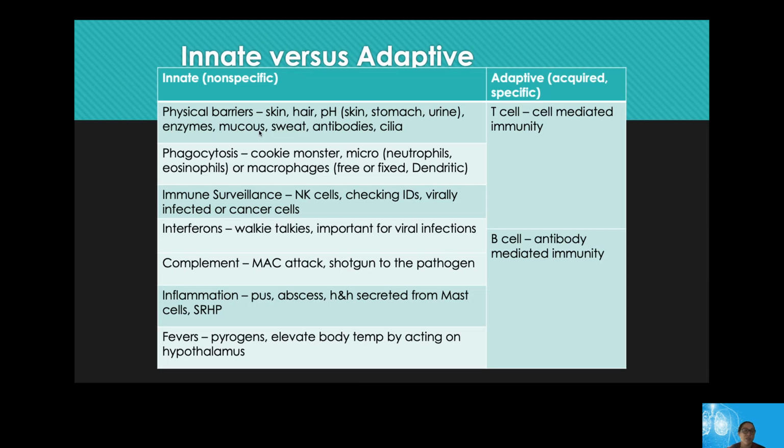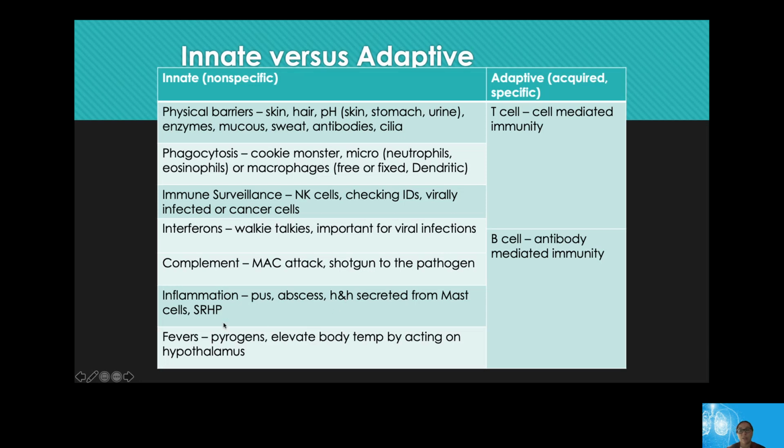The last 2 factors are things that very commonly have been discussed previously. The first one is inflammation. Inflammation is a concept that you learned about a long time ago, but inflammation itself triggers a set of the 4 hallmarks. The S, R, H, and P stand for swelling, redness, heat, and pain. And those triggers of inflammation happen when mast cells release histamine and heparin, the big H and H of inflammation.